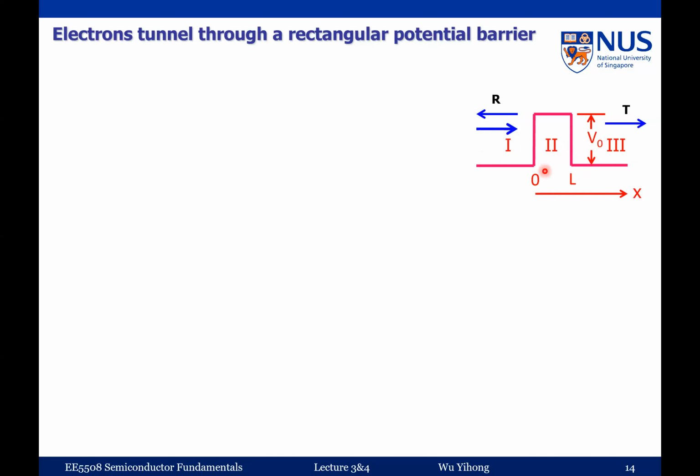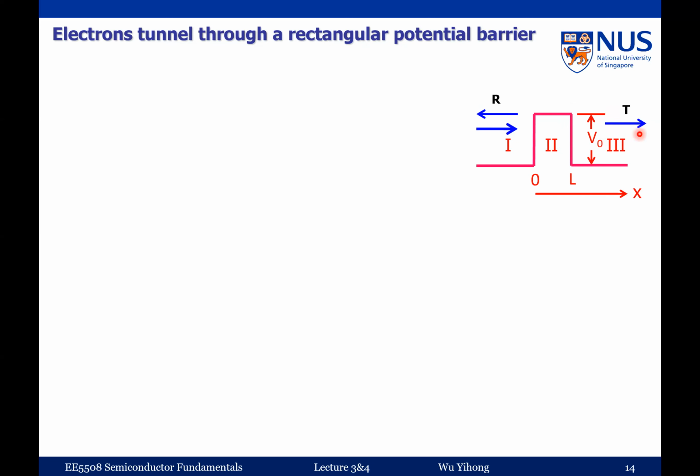And then in classical physics, if the electron energy is smaller than this energy barrier, the electron will be 100% bounced back. However, in quantum mechanics, it's completely different. Even if this electron energy is smaller than the potential barrier height, a certain percentage of electrons will be able to tunnel through, okay?